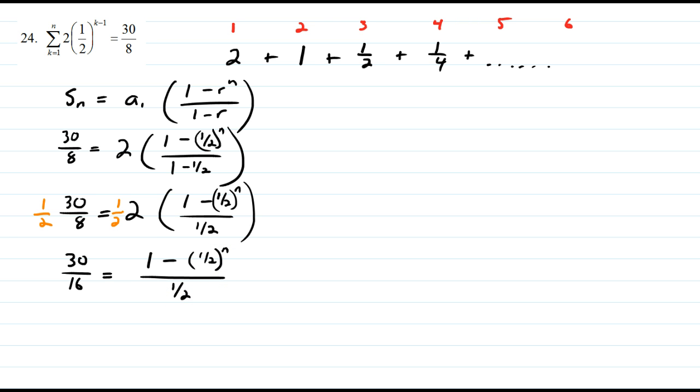And now I can get rid of that 1/2 by multiplying by a 1/2 again, because this 1/2 will cancel out this. And so now I get 30/32 equals 1 minus 1/2 to the n.